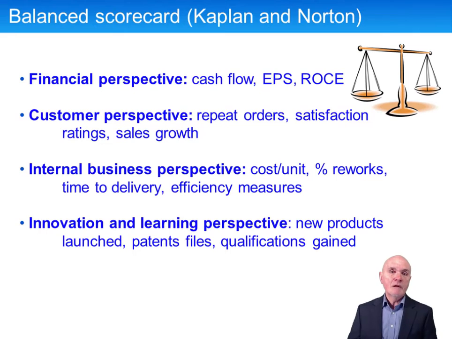So ultimately, what we're aiming for is good financial performance. That's the financial perspective. We can measure that with indicators like share price, earnings per share, return on capital employed, gross profit percentage, perhaps. But no matter how good your earnings per share is, none of that tells us how we achieved good financial performance.